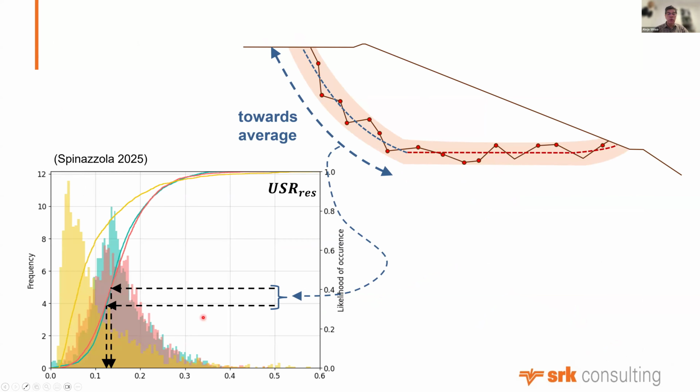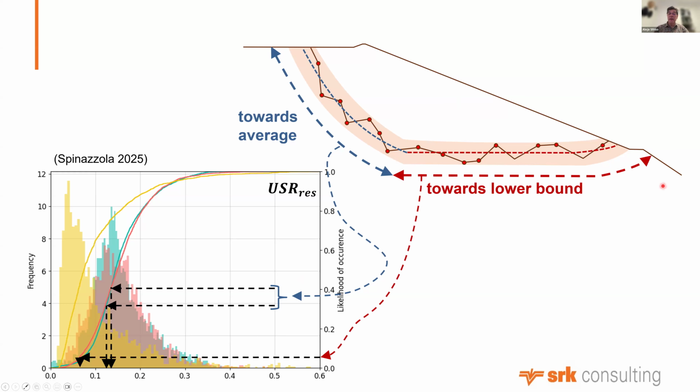So then you are allowed to use something very close to the average strength along this line. Not exactly the average because you have few data points. If you had more, you would be moving towards the average. But here, you will probably fail along a weak layer if that exists.